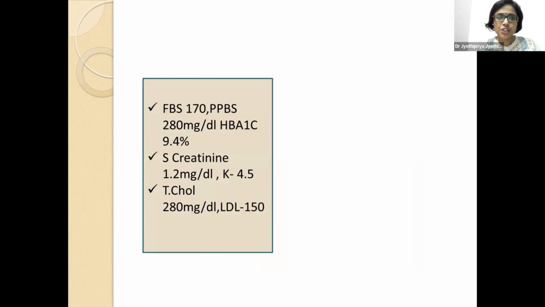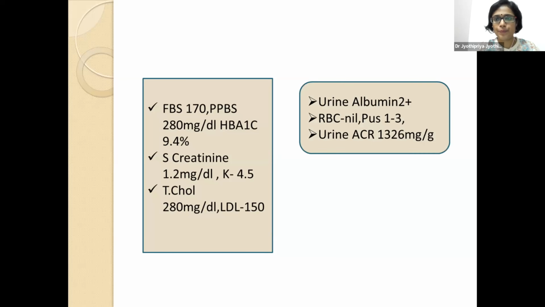Investigation showed uncontrolled blood sugar, postprandial of 280 and HbA1c of 9.4, with serum creatinine of 1.2 milligram per deciliter. Calculated eGFR using the CKD-EPI formula comes roughly to 66.6 ml, with potassium of 4.5 and dyslipidemia present.